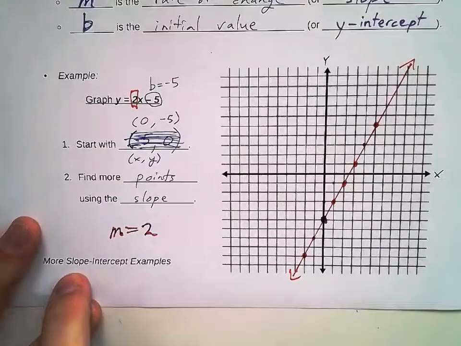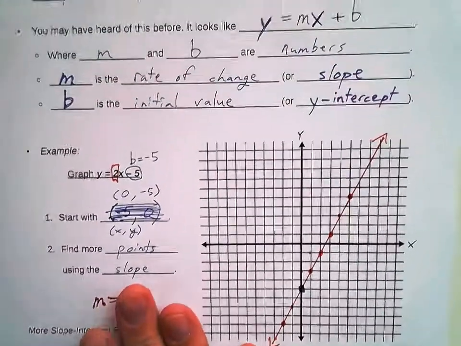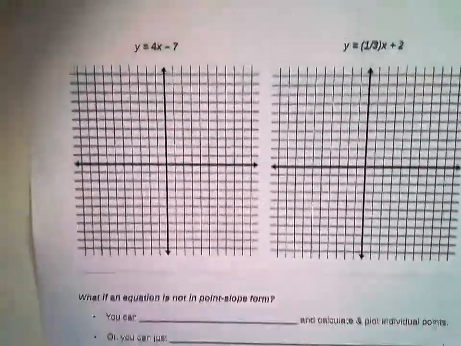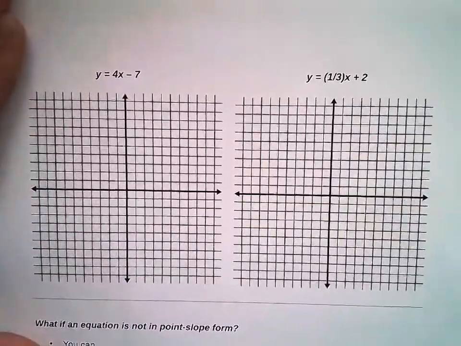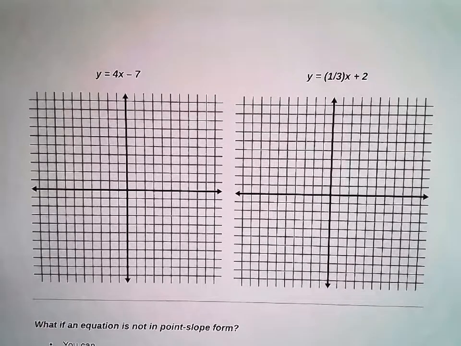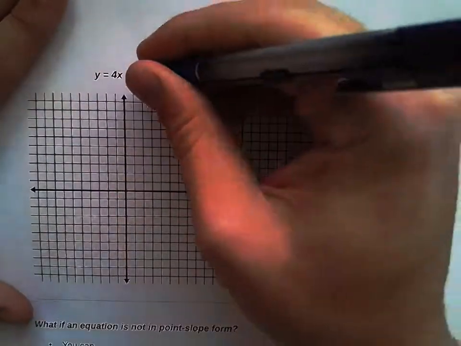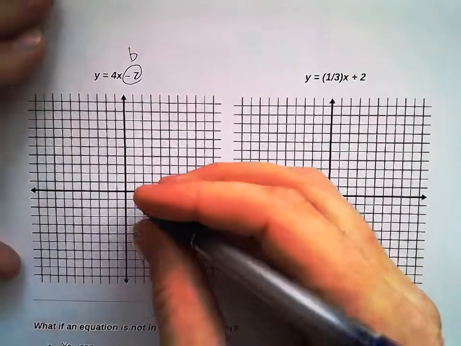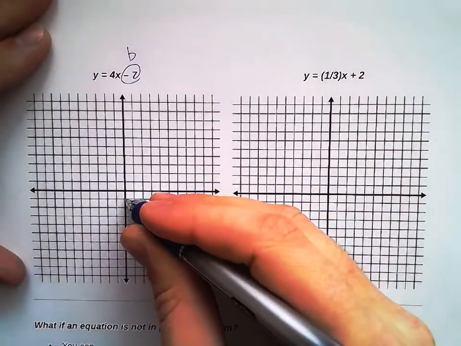So we got some more slope-intercept examples on the back. Okay, y equals 4x minus 7. So b is negative 7. That means we're going to cross through it.